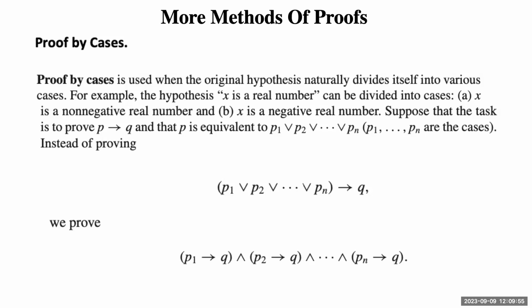Suppose that the task is to prove P implies Q and that P is equivalent to P1 or P2 or P3 all the way up to Pn, and P1 up to Pn are cases.